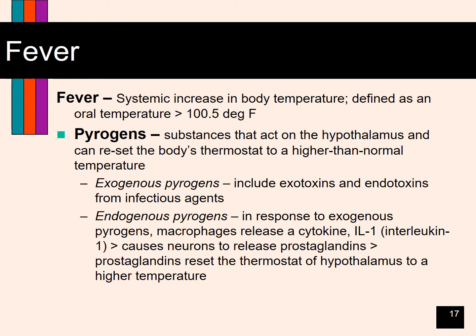The hypothalamus would reset your body's temperature to a higher temperature. Okay, and then you, in response, would feel cold and chilled because your body has been reset to this higher temperature, and you're not there yet. So you would start shivering, and your body temperature would rise.